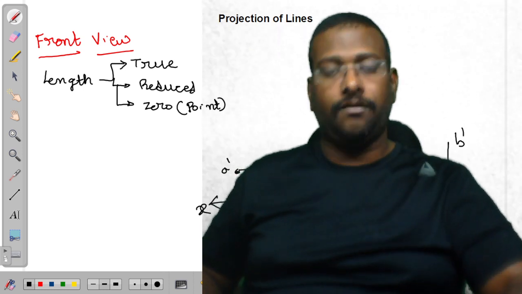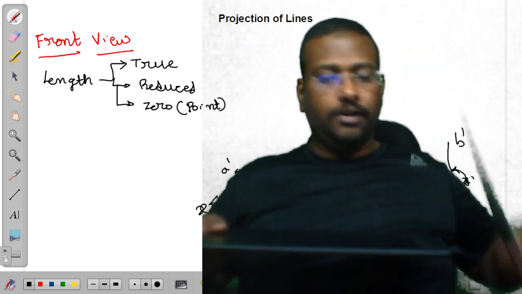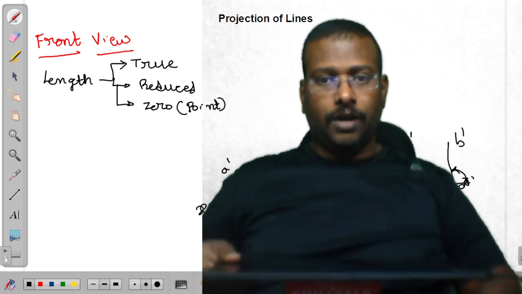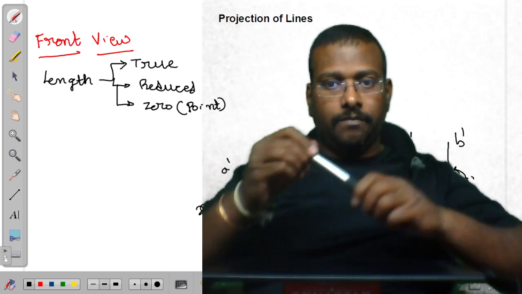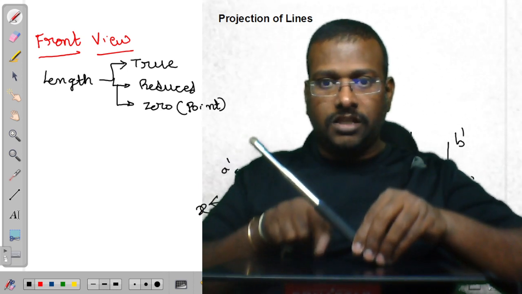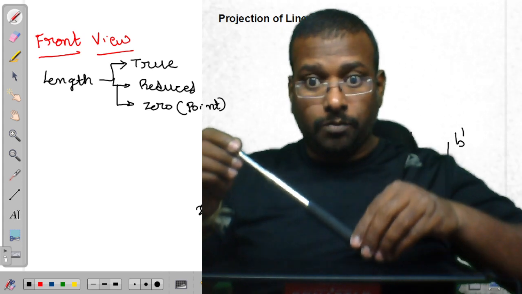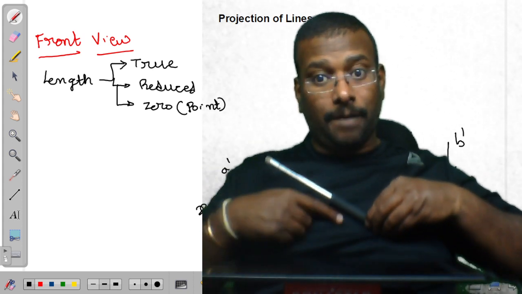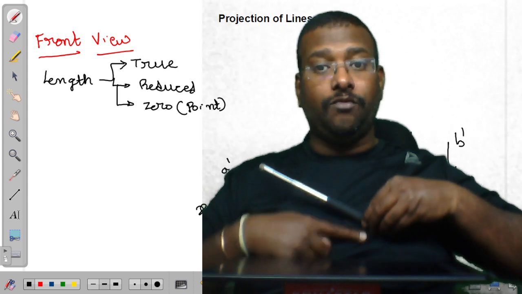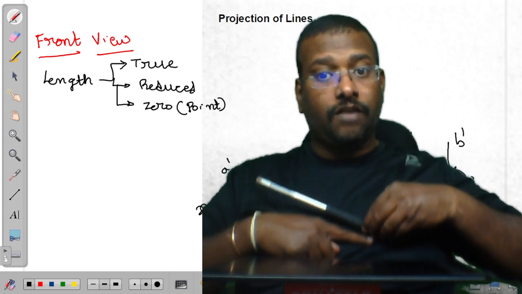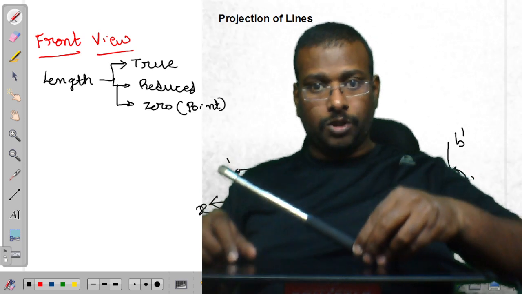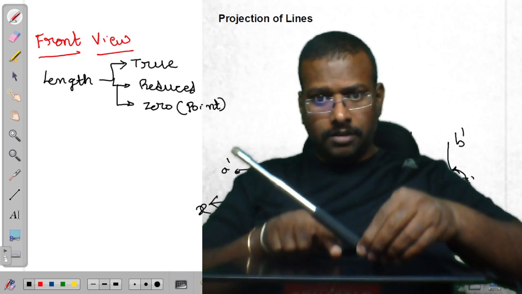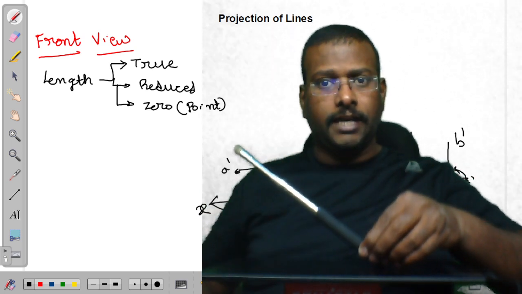Just observe, my dear friends. Here, this line's inclination is theta. In this case, this is theta. If it comes like this, it appears as theta only in the front view. But all of you observe. This theta may be some 35 degrees.